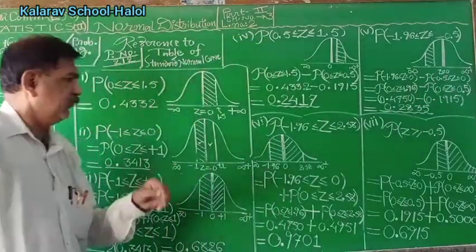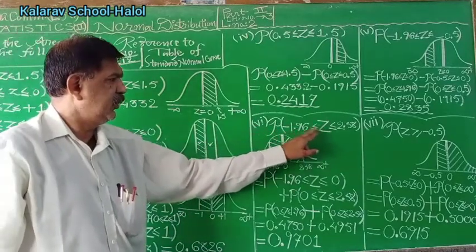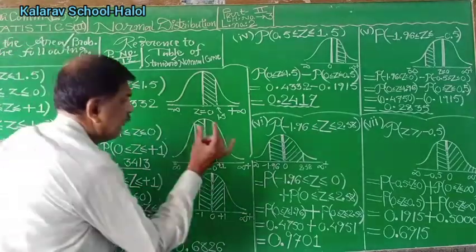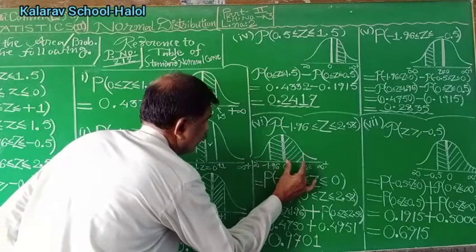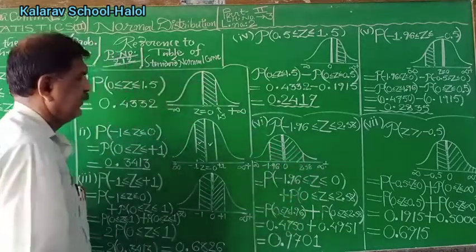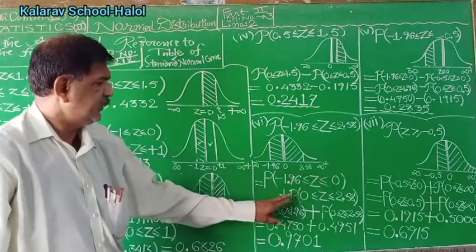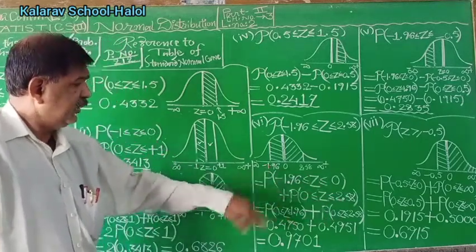Now, the probability between minus 1.96 ≤ z ≤ 2.58 means minus 1.96 to 0 and 0 to 2.58. Probability of minus 1.96 to 0 plus probability of 0 to 2.58, an addition.